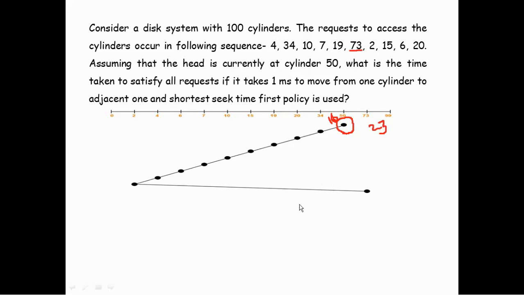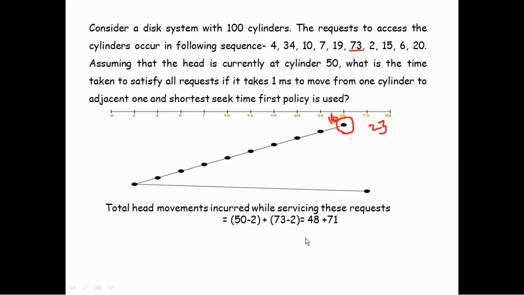Let us find the total head movements. Total head movements is: subtract 2 from 50, then subtract 2 from 73. The value will be 48 plus 71, which is equal to 119.